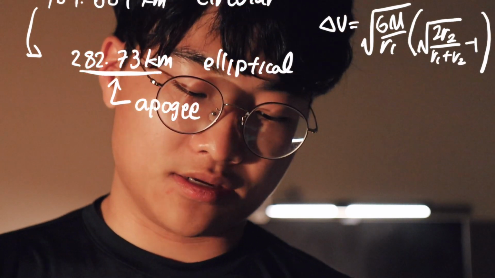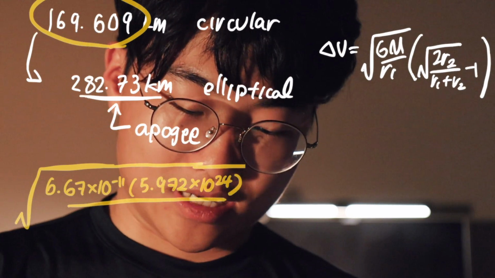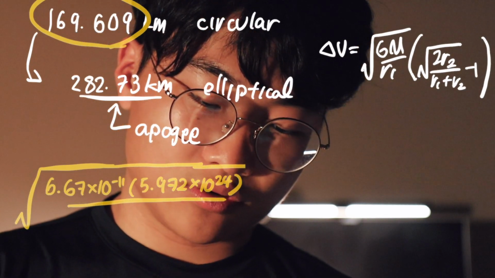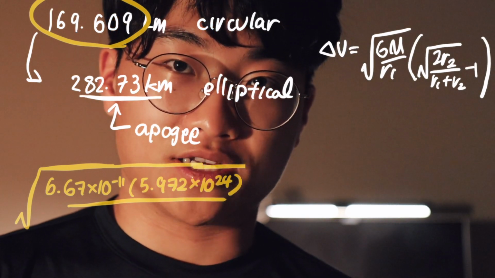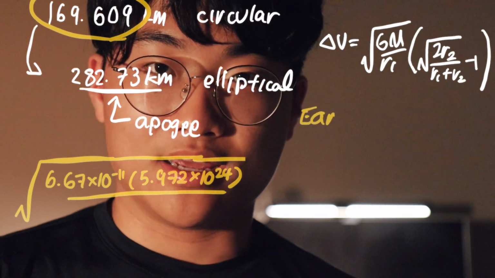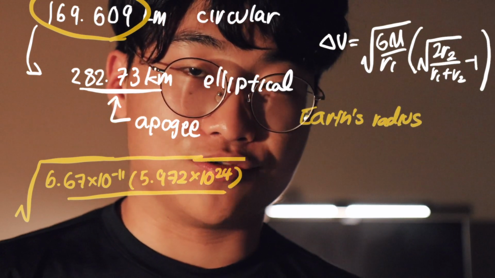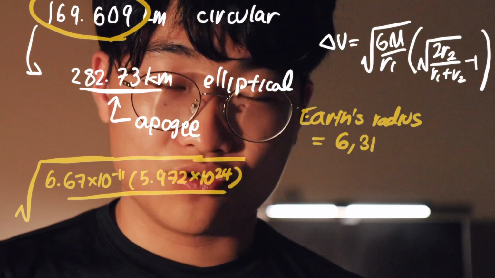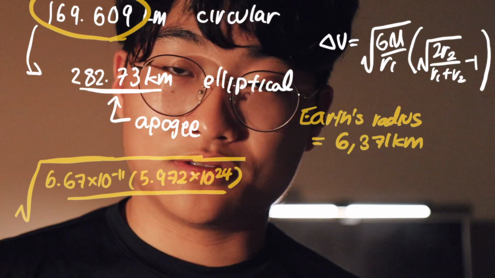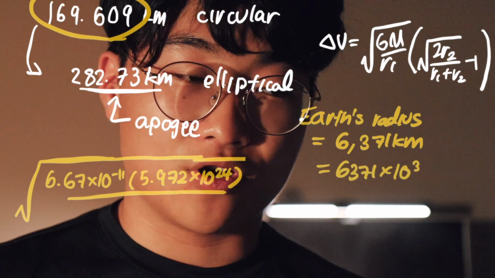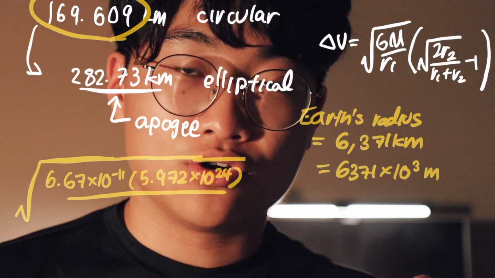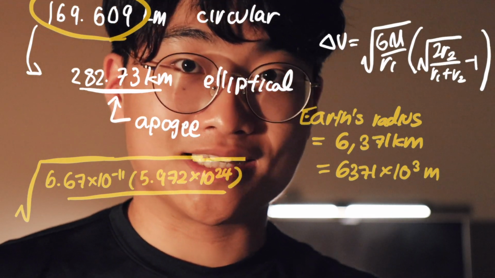If we plug in the numbers in our equation, to get the r1 and r2 values correctly, we have to add the Earth's radius value to the altitude value, because the r value is supposed to be calculated from Earth's center to where the object is.